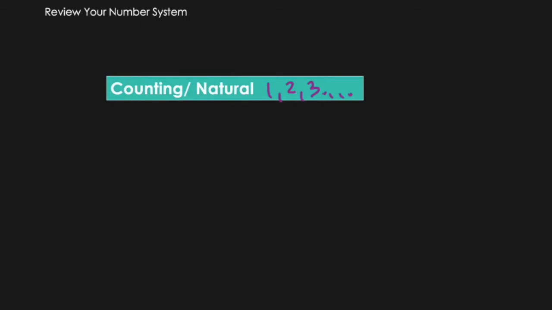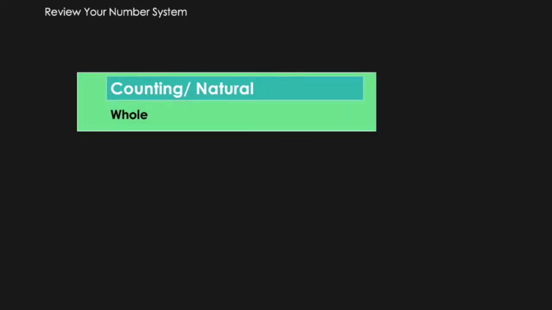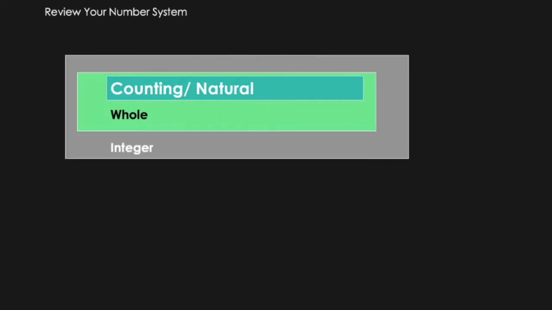Then eventually someone took away something from you and you got the idea that there was a 0. So the whole numbers include the numbers 1, 2, 3, 4, and 5 and all the way up. But they now go a little bit further. They include the 0. As you got older, your number system expanded.